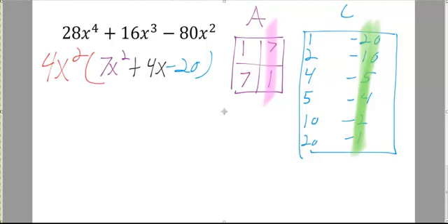So we have 1 times 1 plus 7 times negative 20. And clearly that does not work out. That's going to give me a negative 139. 139 does not equal 4. And so I would move down.